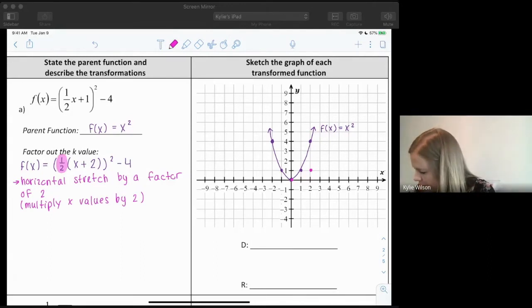And then we had 2, 4. I'm going to multiply the x value by 2. So that would move it to 4, 4. And now I'm going to do the same on the other side. So all I'm doing again is multiplying my x values by 2. There we go. And then I just connect those in a nice line.